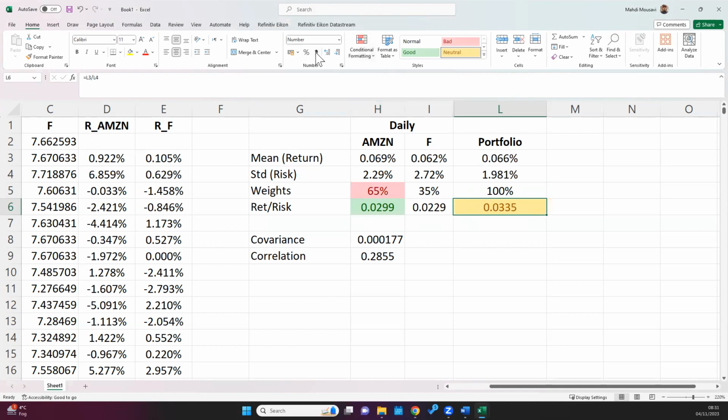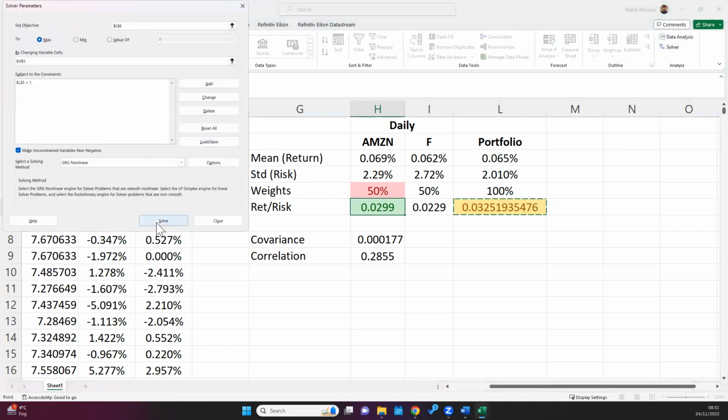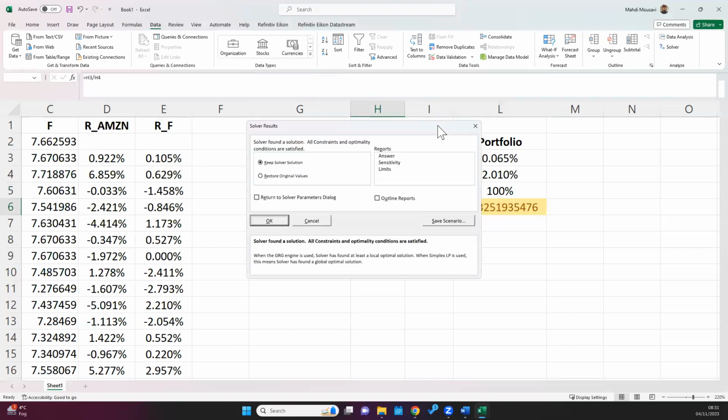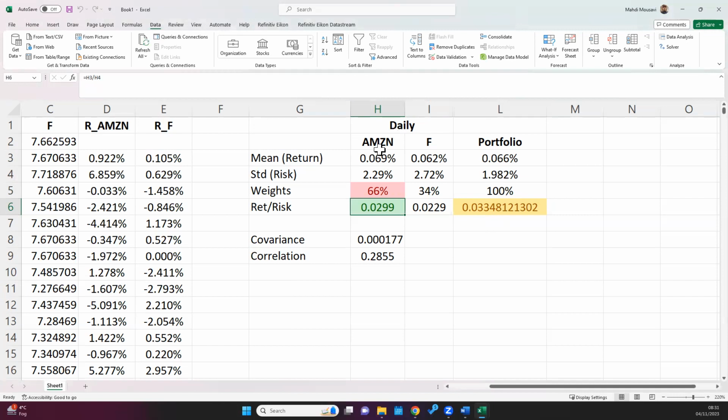If you increase decimals, you would see that this number has definitely changed. For example, let's go to 66. It's decreasing, right? If I change it to 50, it's decreasing as well. So the best optimal combination according to Solver, if I solve it again and keep the answer, is 66% weight allocated to Amazon and 34% to Ford.